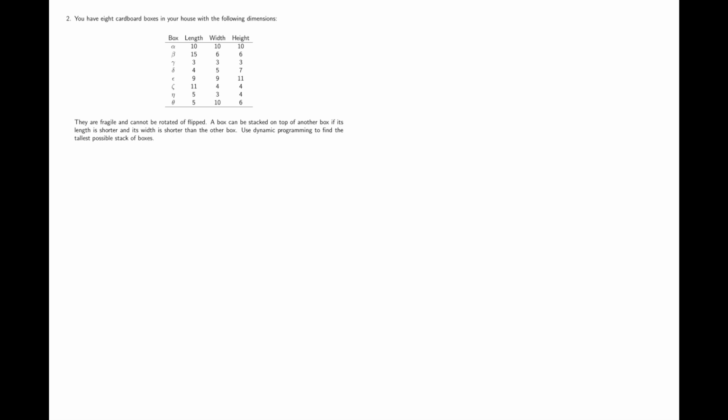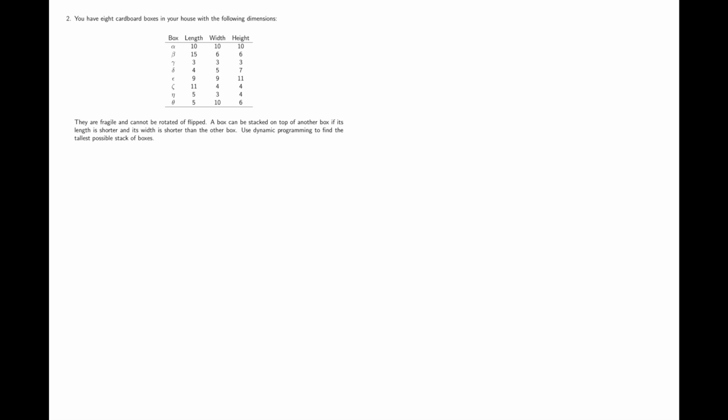So with dynamic programming, the first thing we have to do is formulate this problem as a problem on a graph. And a taller stack of boxes can correspond to a longest path problem. But let's set up our graph in such a way that that's true.